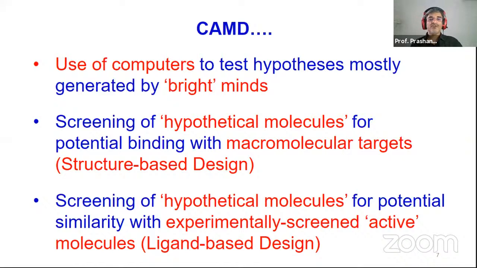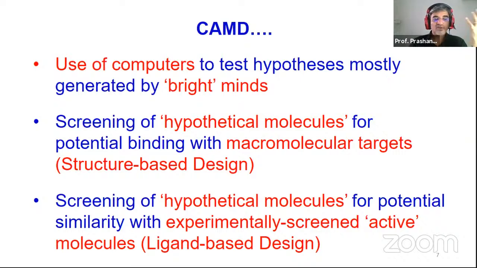So here you're trying to screen these hypothetical molecules for potential similarity with experimentally screened active molecules. Suppose you isolate a phytochemical which is likely to be a very, very potent anti-cancer agent, but because it's a phytochemical, it's a very complex natural product molecule which has, say, 10 different chiral centers.